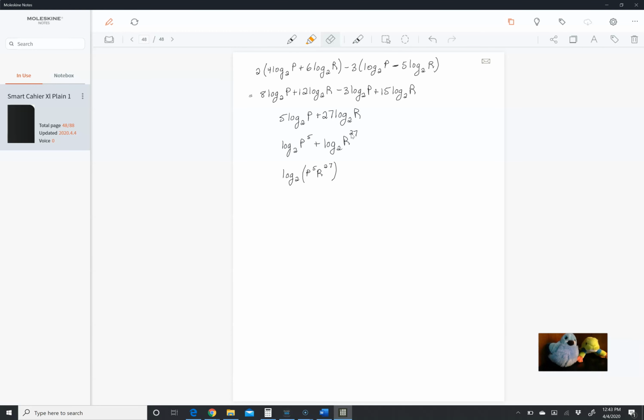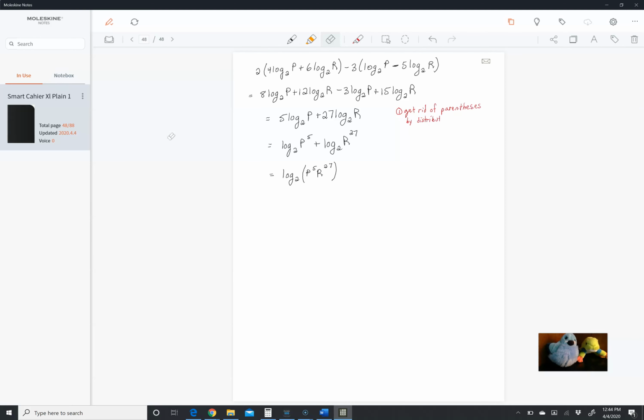So all of these are equal. And that's our final answer. So just to review the steps, you get rid of your parentheses first by distributing. So this is similar to when we simplified exponential expressions.